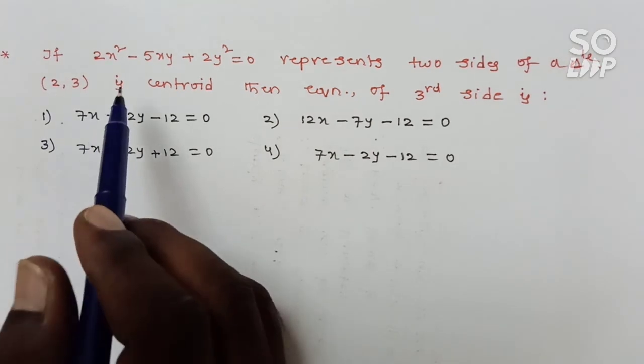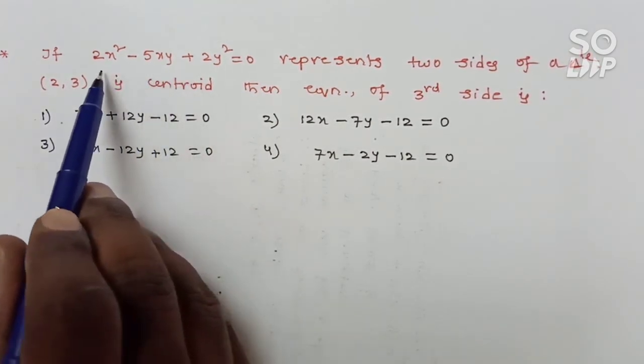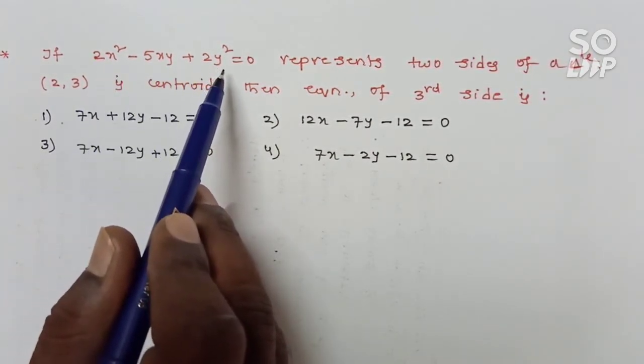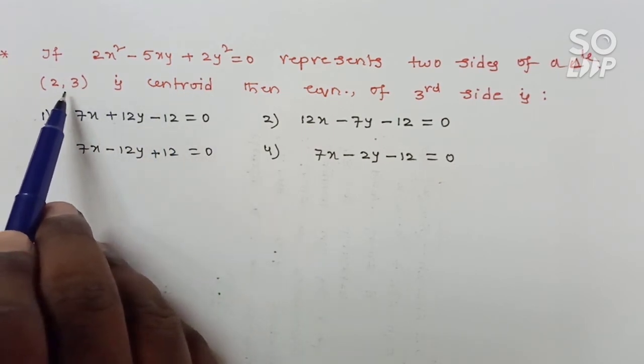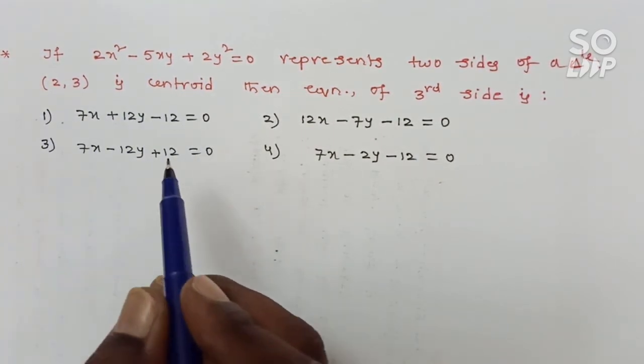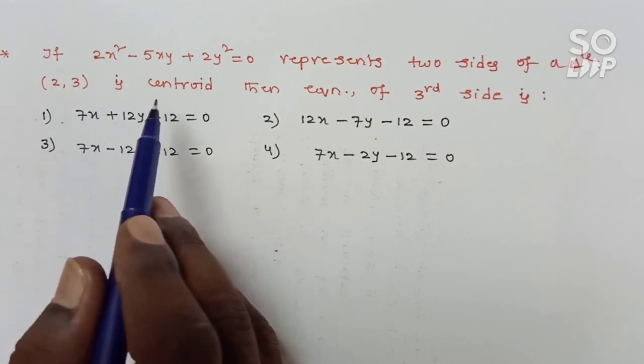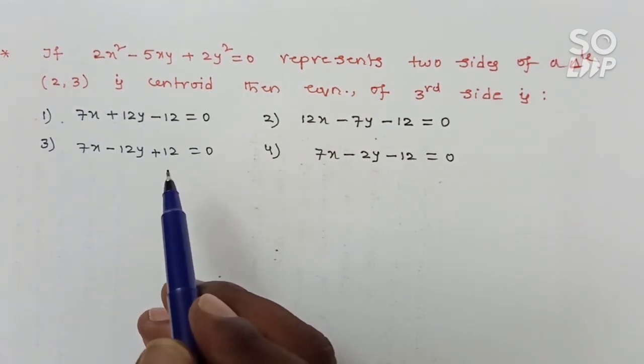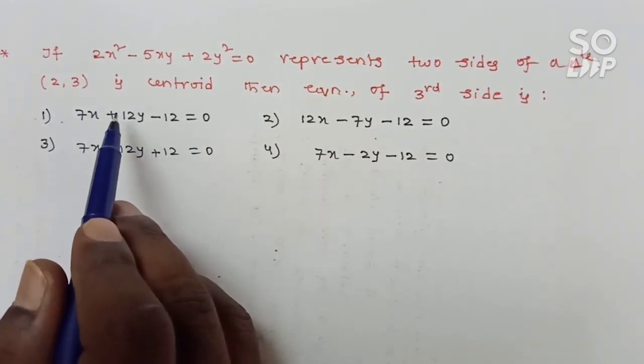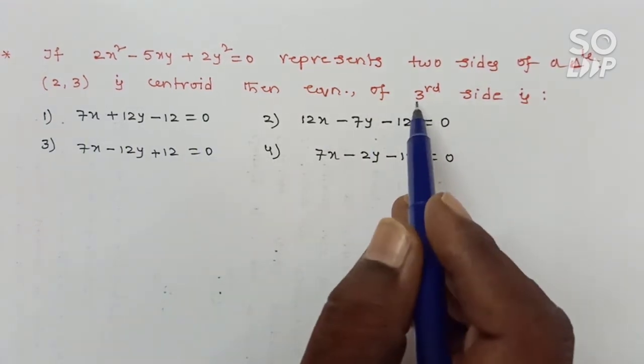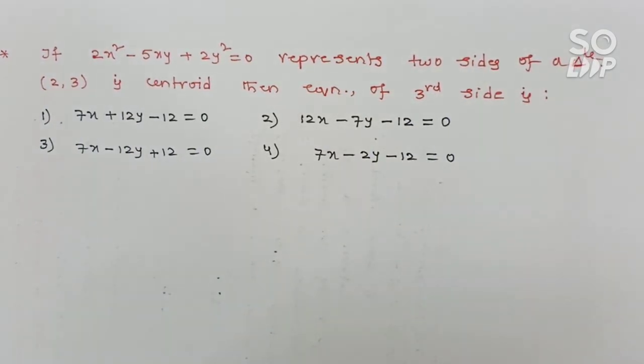Here two sides of the triangle are represented by this equation, and (2, 3) is the centroid. We know if the centroid is given, we can find the third side. You have one formula.